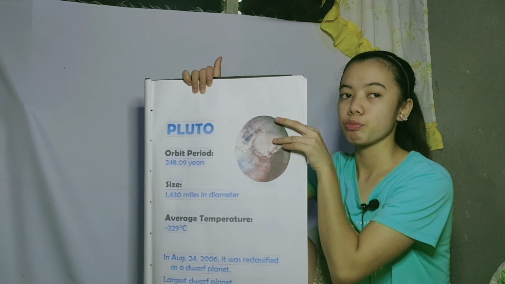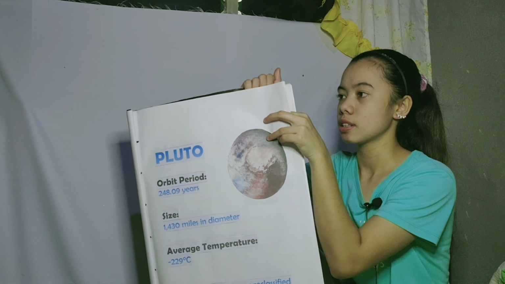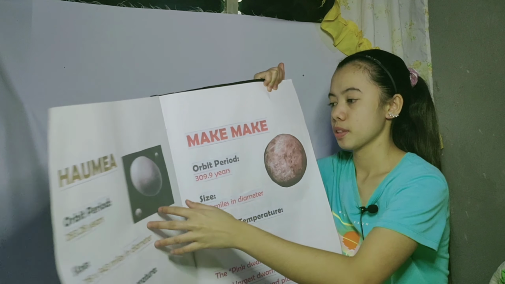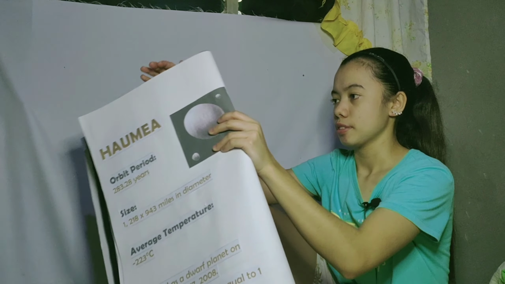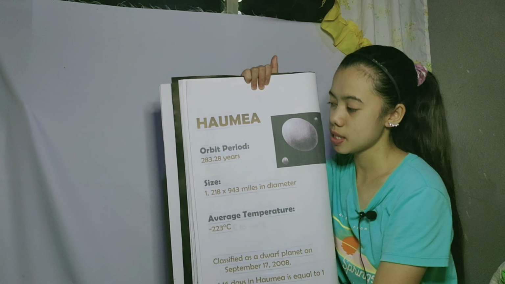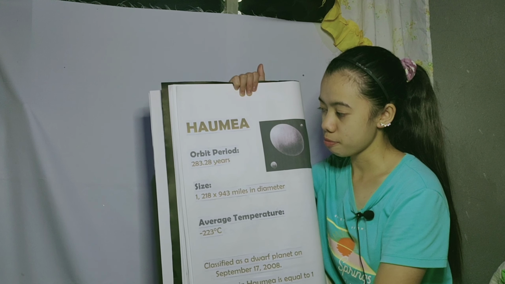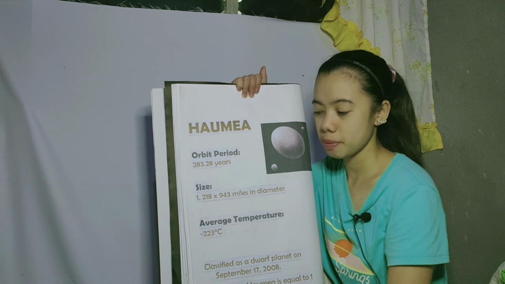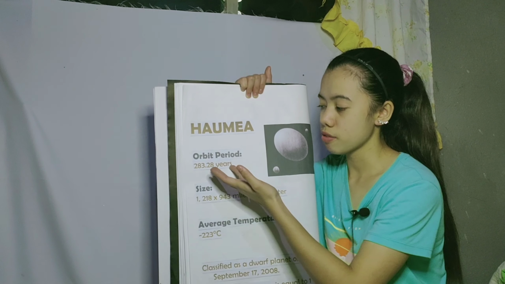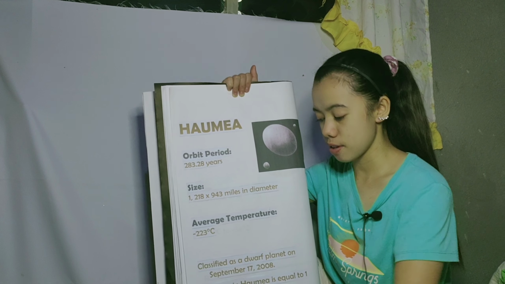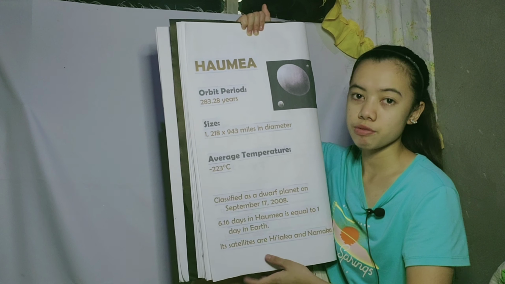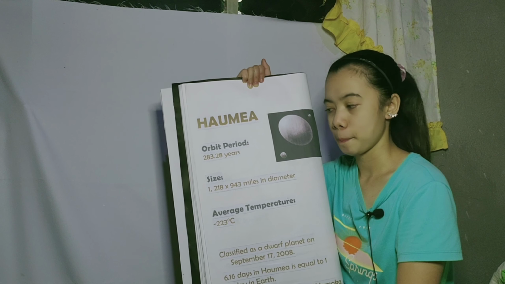Alright, so next is Haumea. For this dwarf planet, just like the other dwarf planets that I have presented, we also have here the orbit period, the size, the average temperature, and then the other given facts.